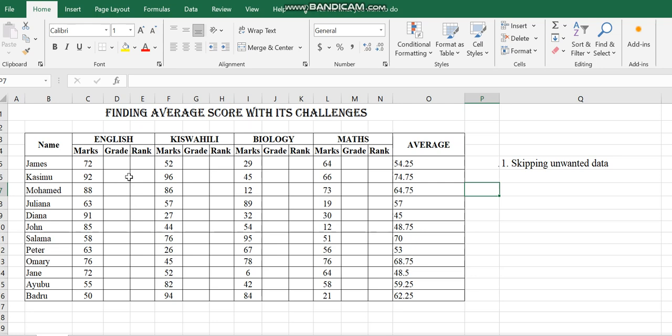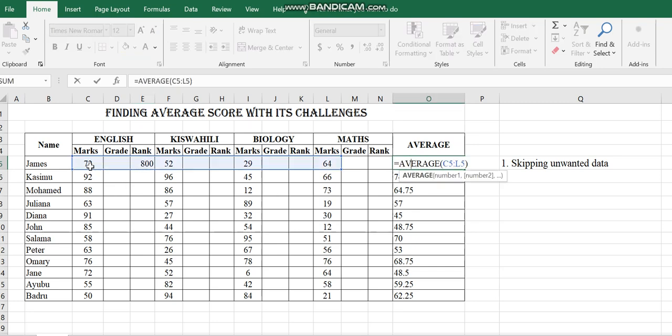Let's assume that the rank for this person was in the 800 position, like this one. If the highest mark was 100, how is it possible that this person has got the average of 203.4 marks? This is because this rank has been entered in the calculation of the average.